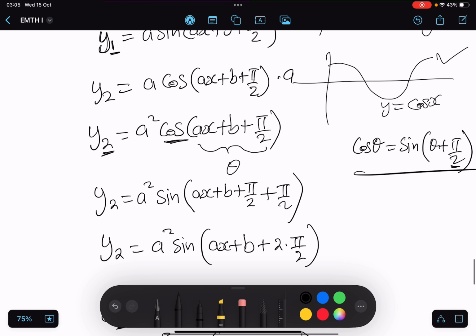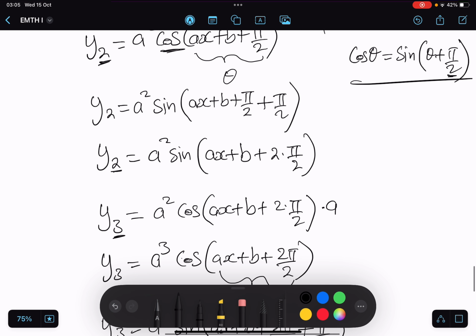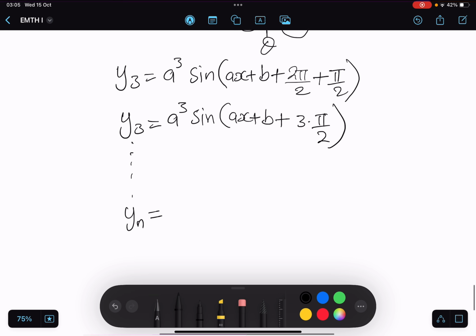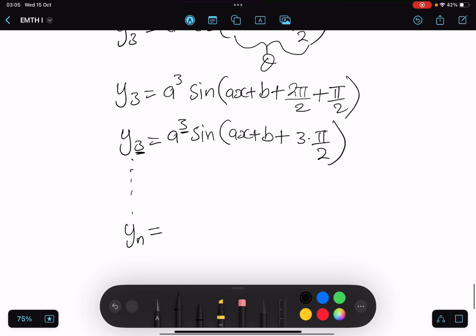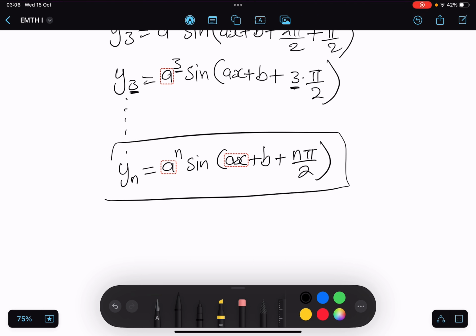For the second derivative, the power of a is 2, and here we have 2. For the third derivative, the power of a is 3, and here you have 3. So for the nth derivative, we are going to have yn is equal to a to the n sine ax plus b plus n pi over 2. So this is the nth derivative.